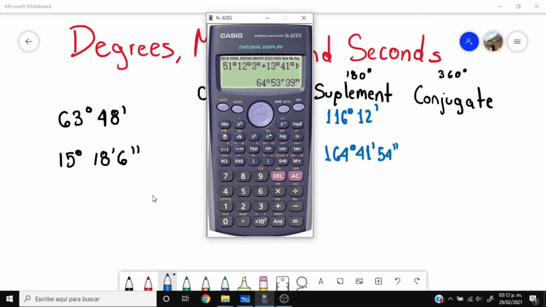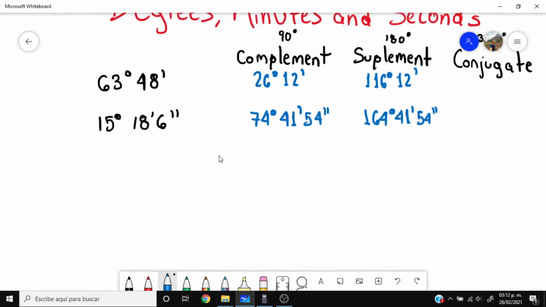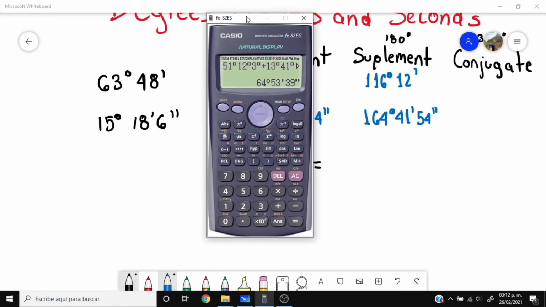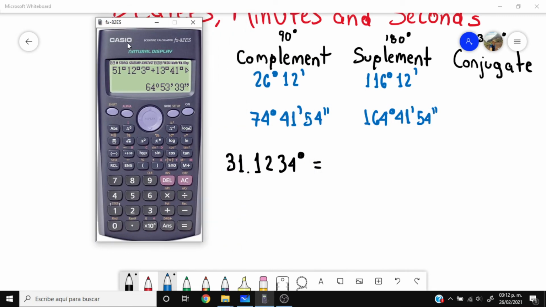So just be careful, because every number must have the degrees, minutes, and seconds. Watch out. And finally, if you get a decimal degree like this one, for example, let's say 31.1234, and you need to transform this into minutes and seconds. So let's do it.